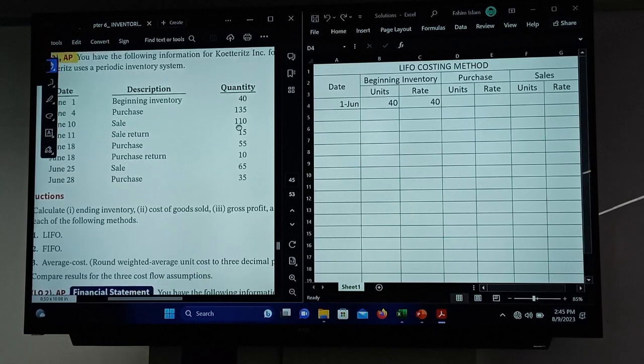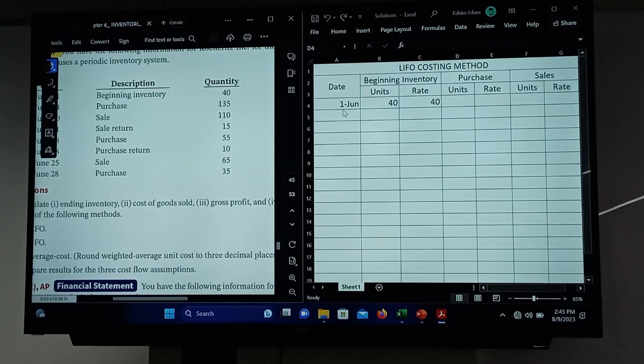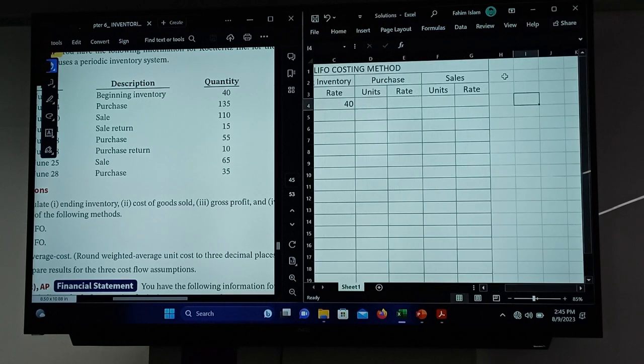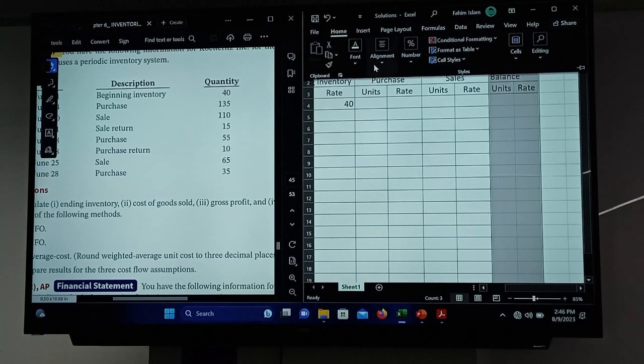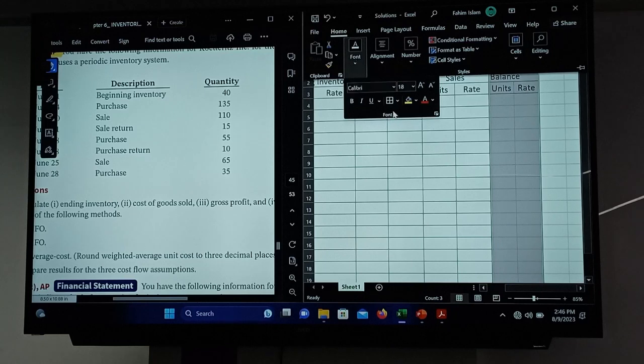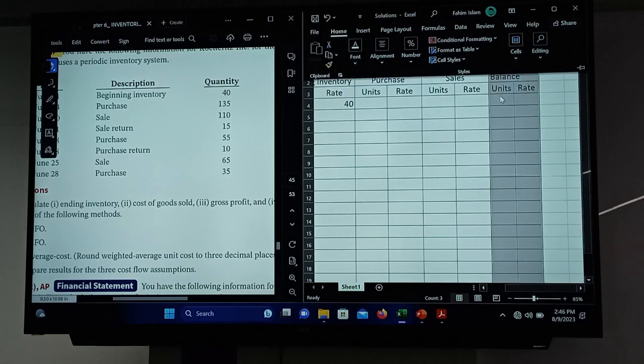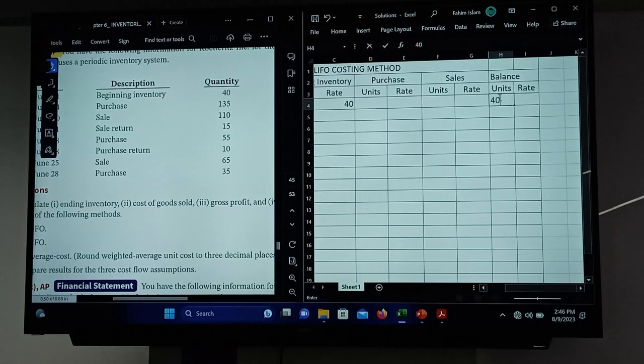Then on June 4, the purchase. Oh, sorry, there should be a balance column here. The balance is 40 units at a rate of 40.